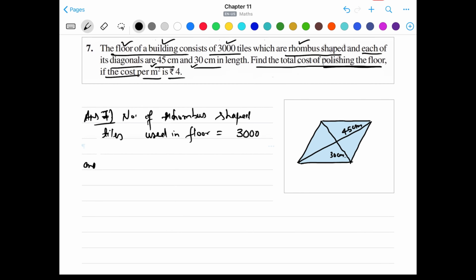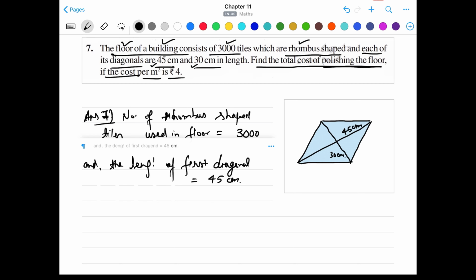So let's write it. The length of the first diagonal is equal to 45 centimeter.